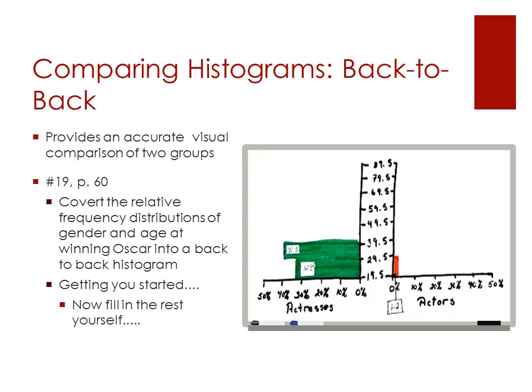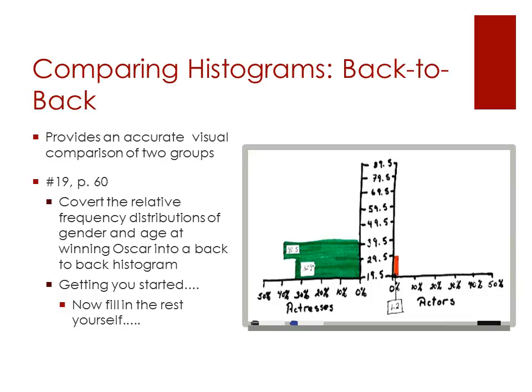So, getting you started with this, notice that when we were looking at actresses at age for the boundaries of 19.5 to 29.5, we had a relative frequency of 32.9. So you can see coming out here along the left, I got to a spot that's approximately 32.9, drew that up, and then colored over to fill in my space. I did the same thing for the next category, which had a relative frequency of 41.5.